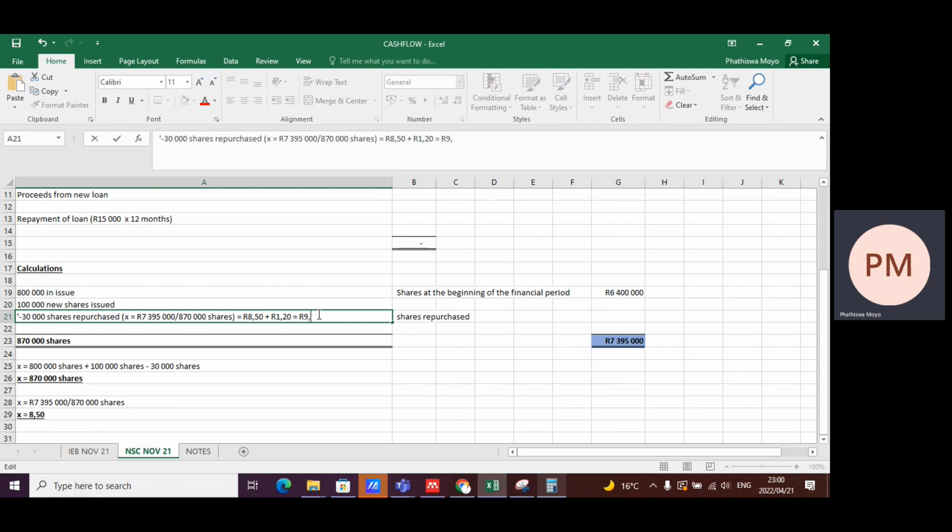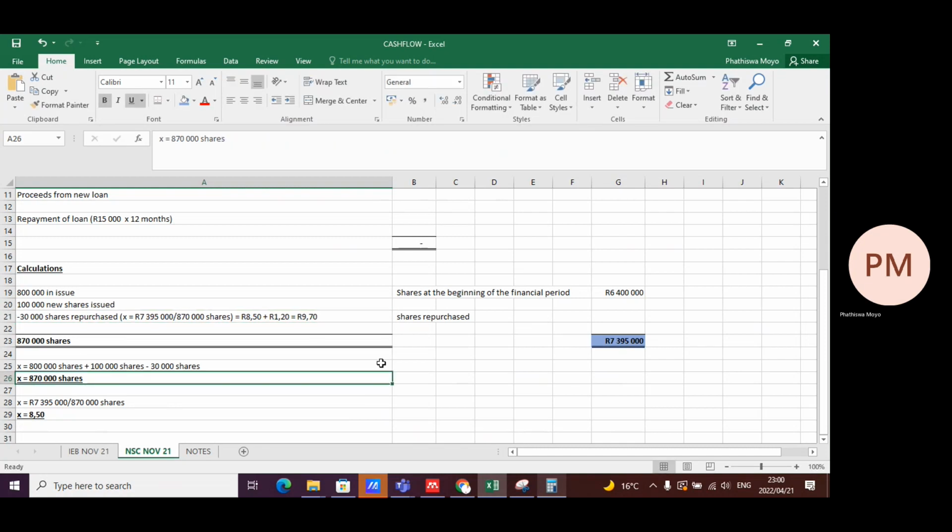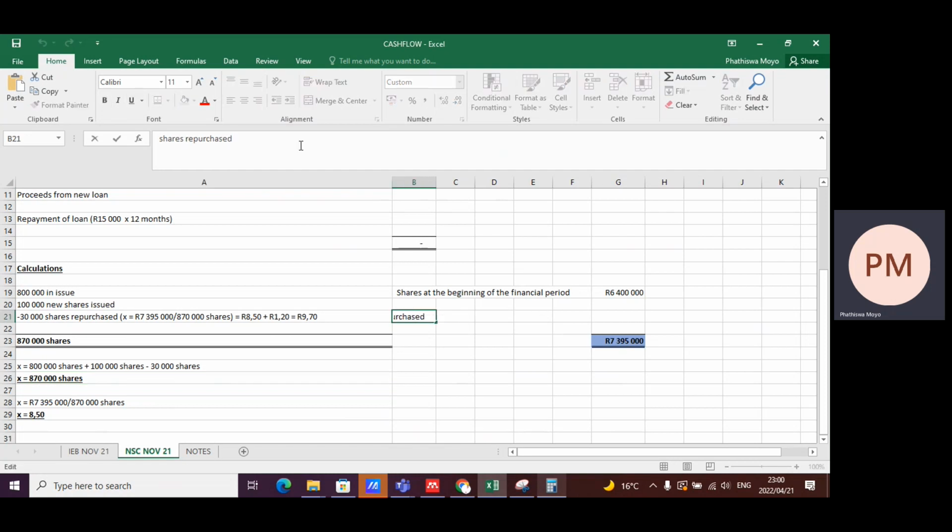So the company actually repurchased these shares at 9 rand 70.